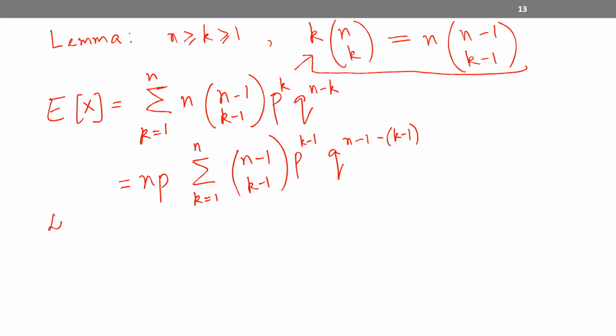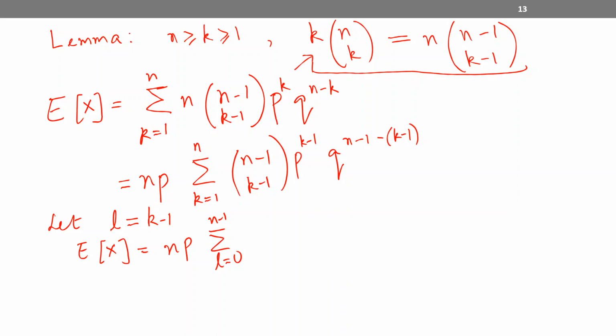So now let me make sure that we have everything correct. Yes, the 1 will get cancelled here. So that's fine. Let us assume that there is some L that's equal to k minus 1, again for ease of writing. So my expectation for x will now become n times p times the sum over L from 0 to n minus 1, because k minus 1 is L. So this has to change, and it has to be 1 less than n.